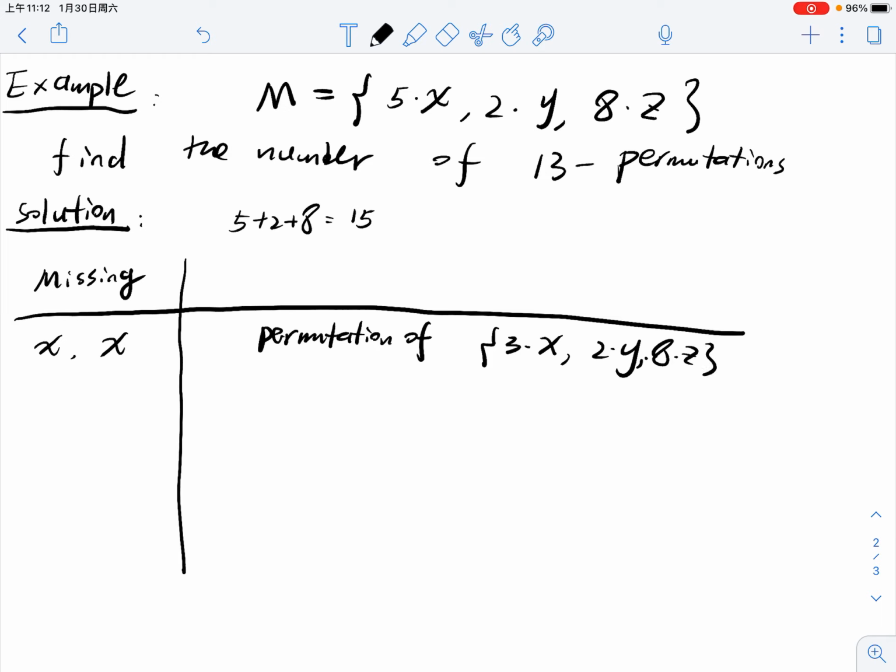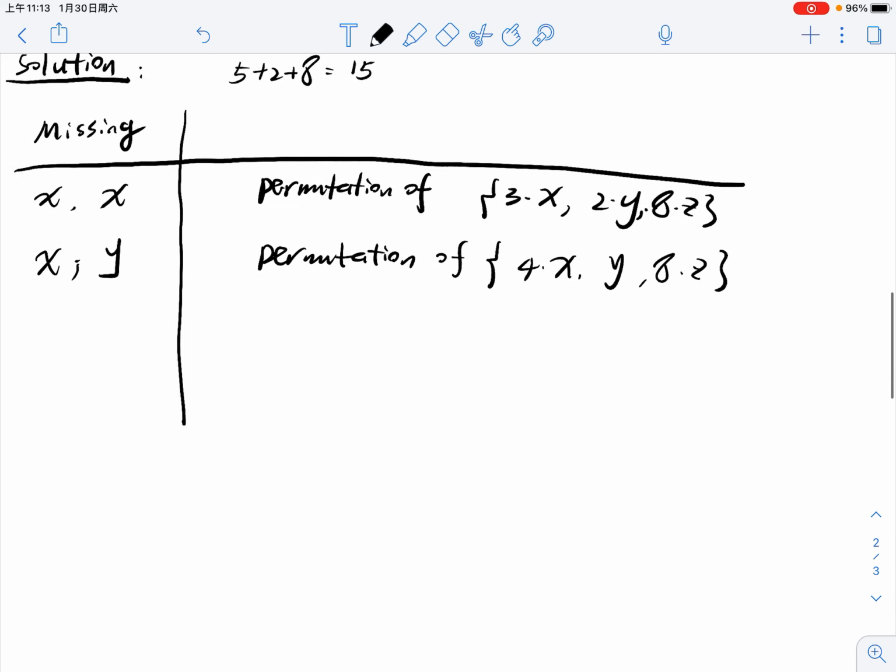And if you miss x and y, then the permutations in this case will be just permutations of 4x, y, 8 times z.